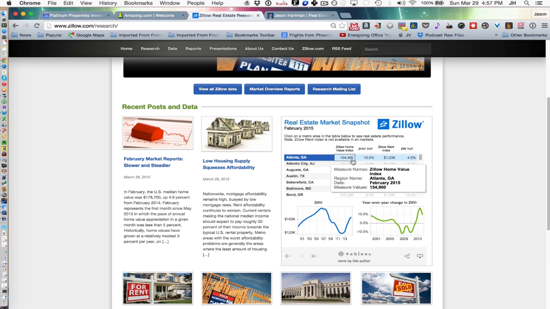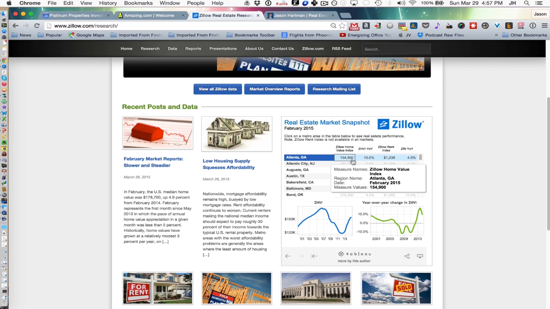And those 20 markets that it profiles are big metropolitan areas, and about 14 or 15 of them are cyclical markets. They're the markets you hear about on the news most of the time, but they're not necessarily the right places to invest. So I like looking at this tool better than looking at Case-Shiller.